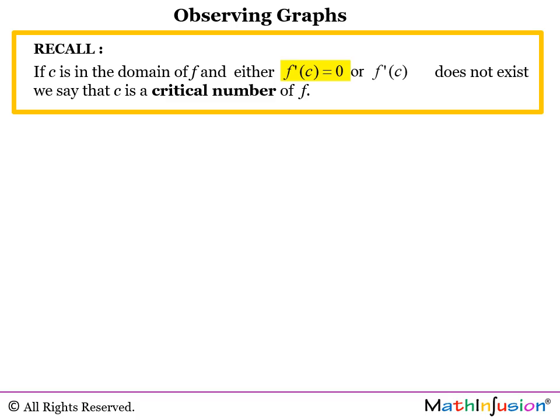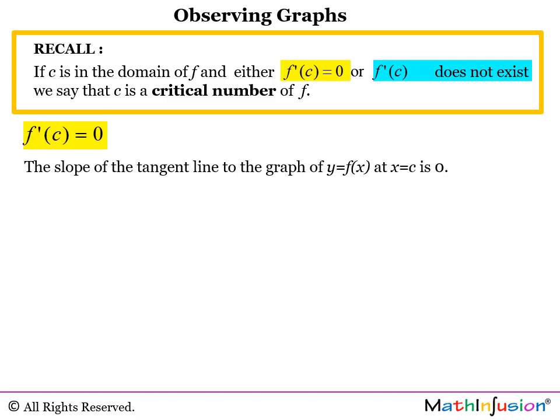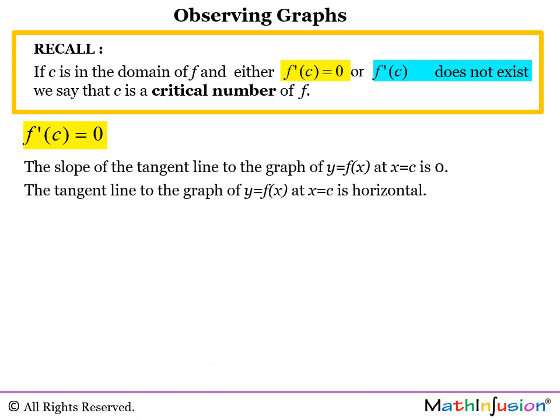Let's now use graphs, and again, there are two types of critical numbers, one for which the derivative is 0 and the other for which the derivative does not exist. Let's start with derivative equals 0. In this case, the slope of the tangent line to the graph at that point is 0, which means that the tangent line to the graph is horizontal.